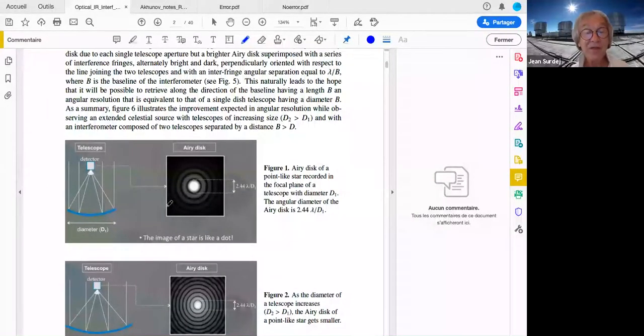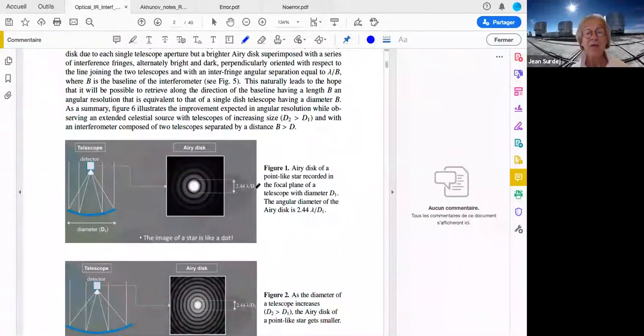What you see is just a dot of light, the same when you look at all the different stars with the same telescope. But now you see that the angular distance between the two first minima in this Airy pattern has an angular size which is proportional to the wavelength, lambda, and inversely proportional to the diameter of your aperture.